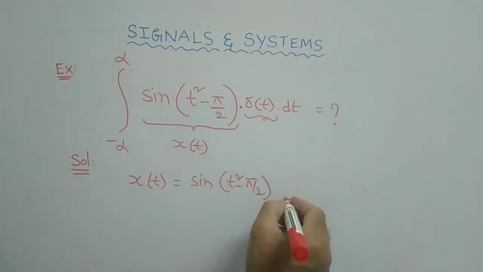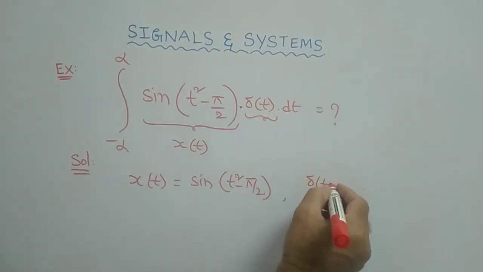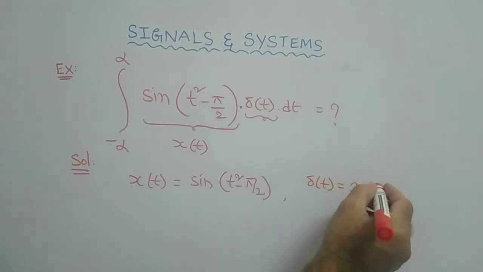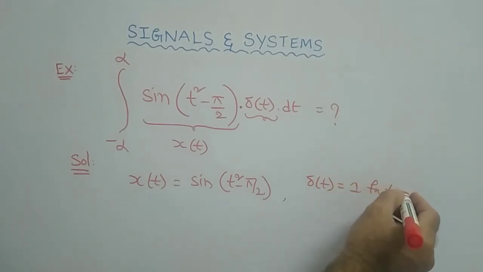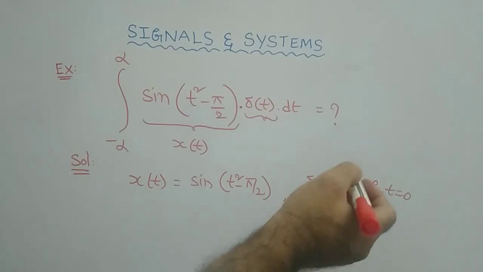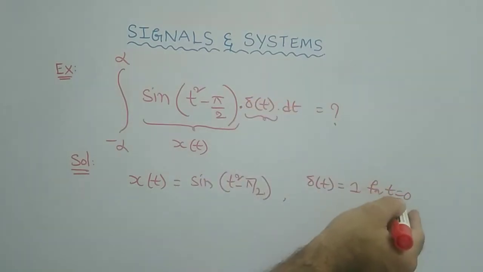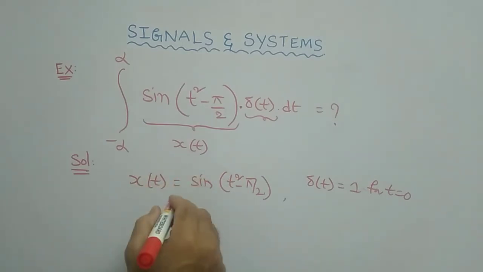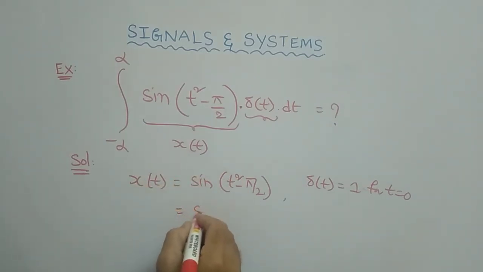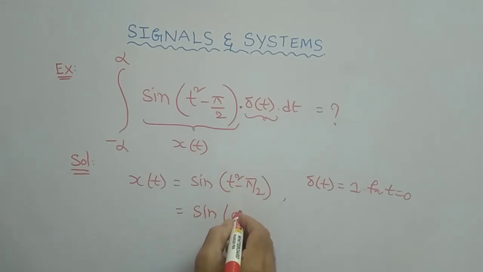And delta of t, as usual we know, equals 1 for t equal to 0. So for t equal to 0, it becomes 1. Therefore, the t equal to 0 value you substitute in x of t, means sine of 0 square minus pi by 2.